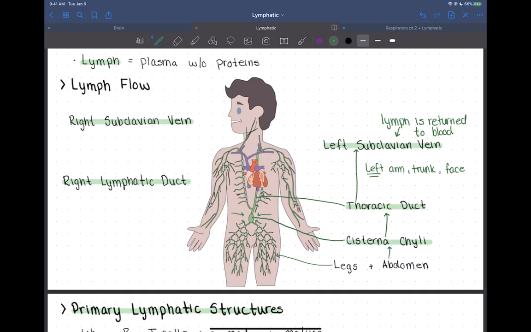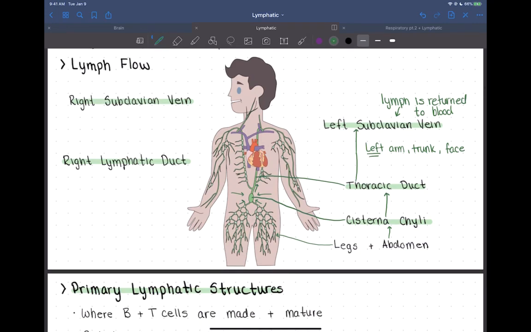So for the right side, we have the right lymphatic duct, okay? And so that is going to be this duct here, all right, branching off just above that cisterna chyli. So that right lymphatic duct is going to be collecting lymph from the right side. All right, so this is going to be the right arm, trunk, and face.